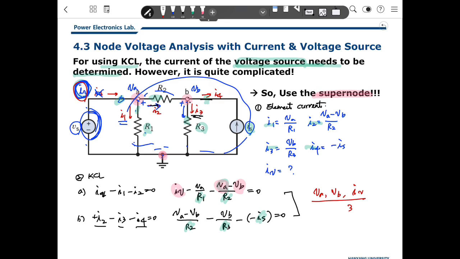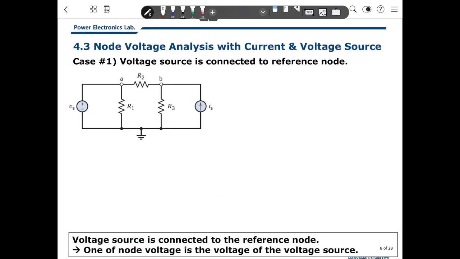A tip for making a KCL equation is using the supernode. This is a simple way I will describe here.